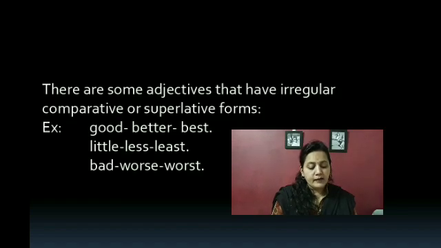These are the words. The next one is you have to fill in the blanks about the Olympic Games using the correct form of the adjectives in the bracket. As I told you, in the comparative we will be using than before the adjective. If there is than, then you have to use the comparative form, and the words are given in the bracket.